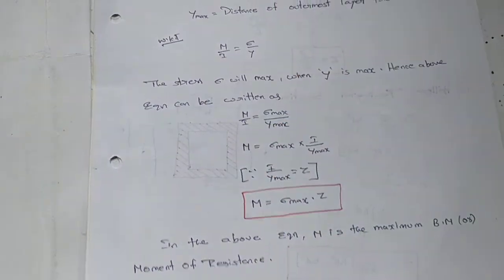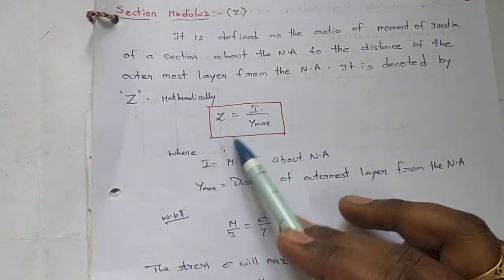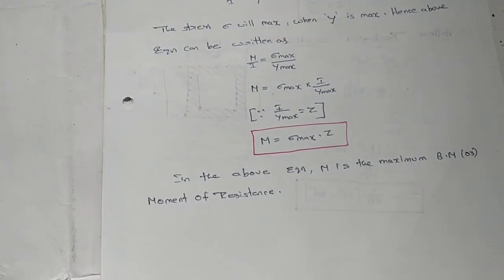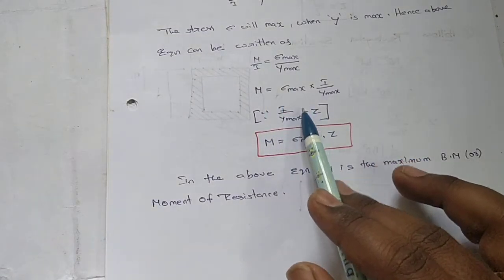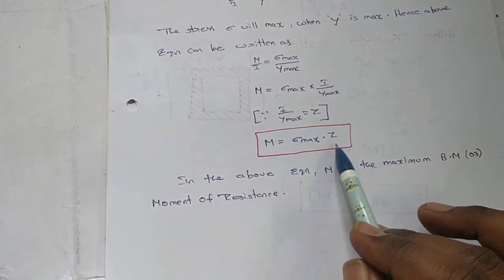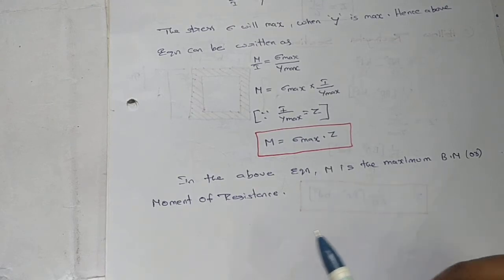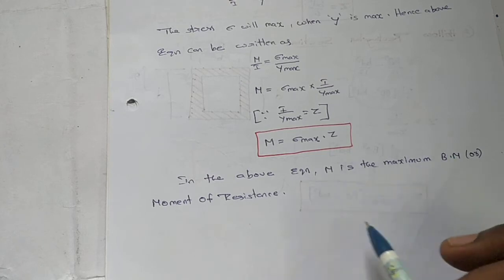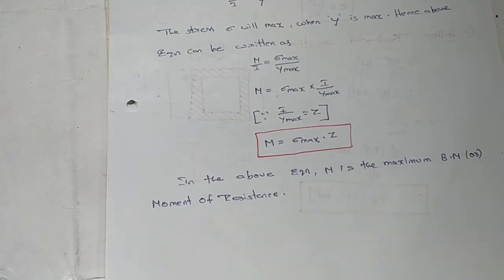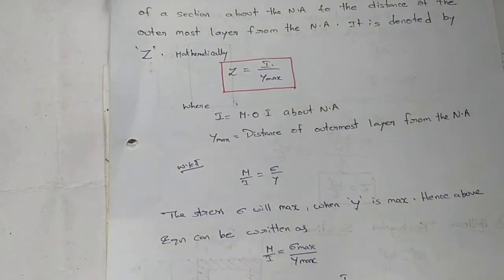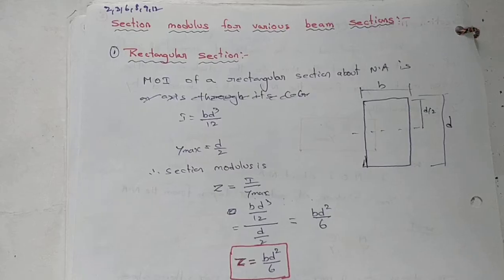We know that I by Y max is known as Z. So M equals sigma max into Z. In this equation, M is the maximum bending moment or moment of resistance, and Z is known as the section modulus. Now we will discuss section modulus for different sections.